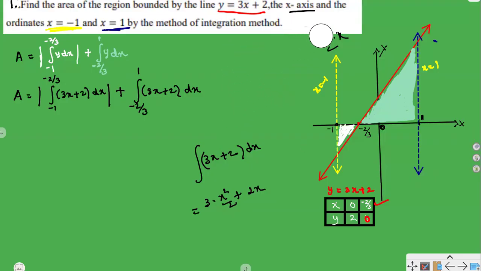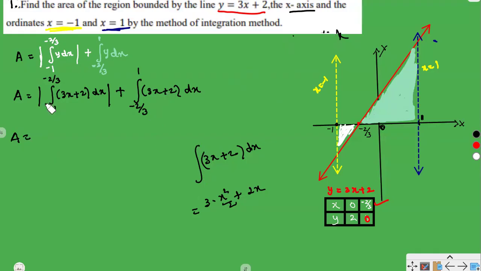Practice this, the only question in this chapter. You just practice this integral. The integral of 3x plus 2 is 3 into x square by 2 plus 2x. I'm going to write that for both parts here.